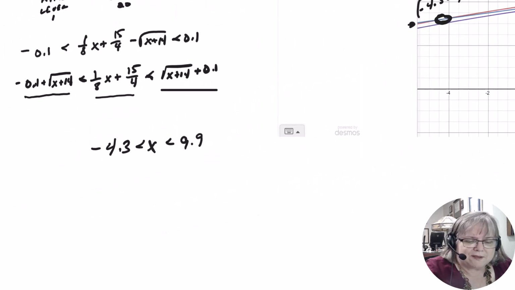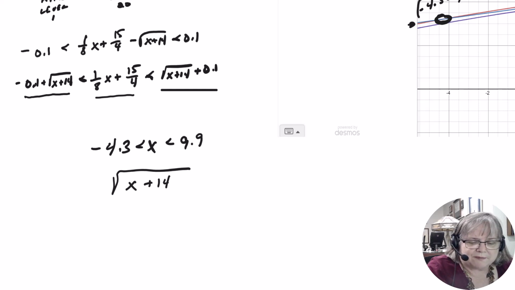Okay? So as long as my x is in between minus 4.3 and 9.9, so remember my x was this x plus 14. So if I'm trying to find the square root of numbers where x is between minus 4.3 and 9.9, then this is a good approximation to do: 1/8 x plus 15/4.